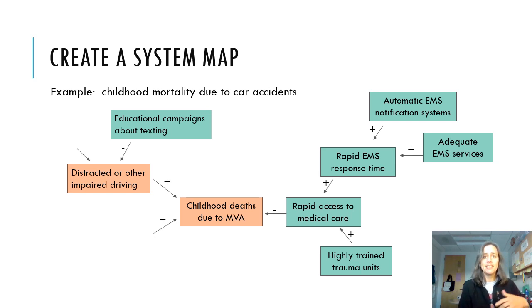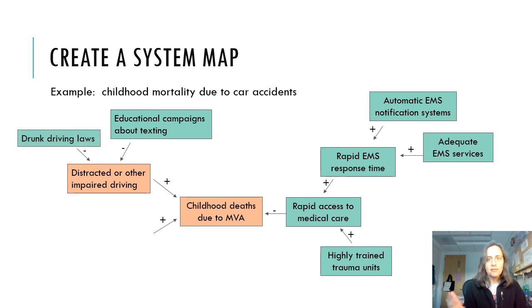Technology that makes it harder for you to text when you're driving, or impossible for you to text when you're driving, is also another way to do this, and probably even more effective than educational campaigns for a lot of people. Drunk driving laws, right, are also important for this, because any kind of impaired driving is something we want to decrease.